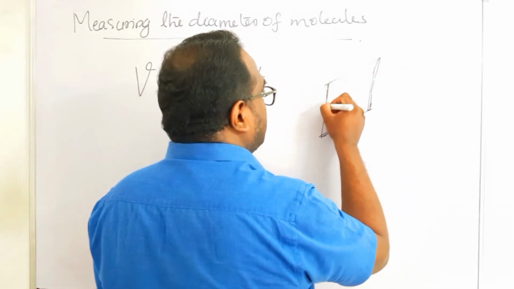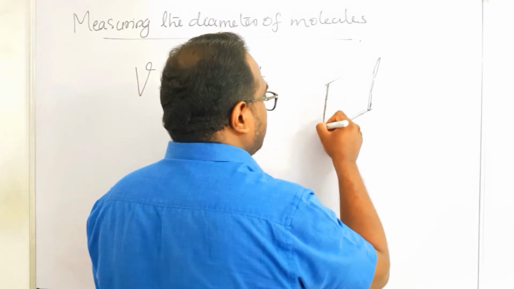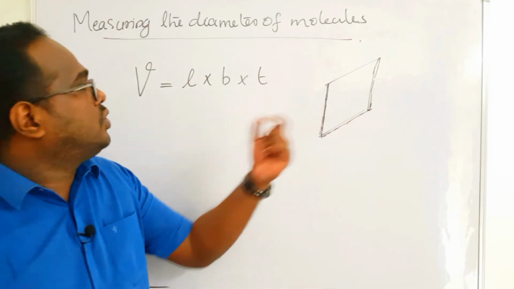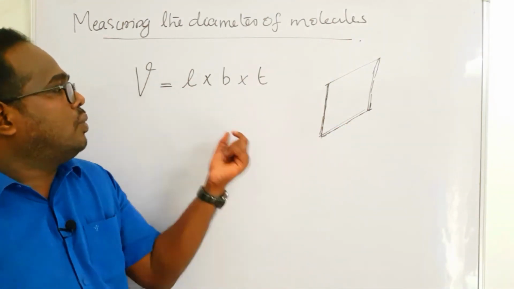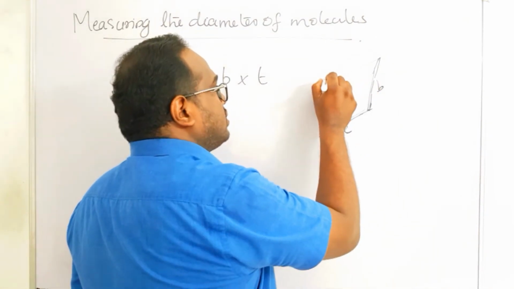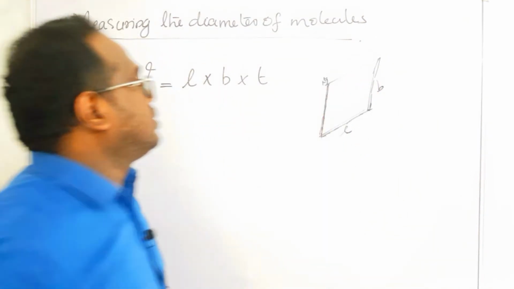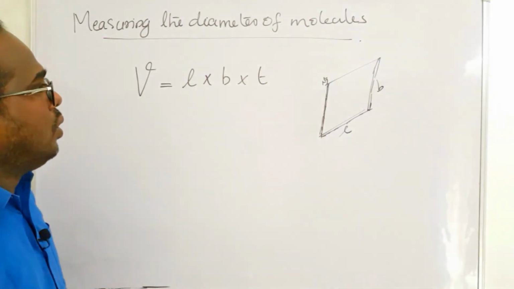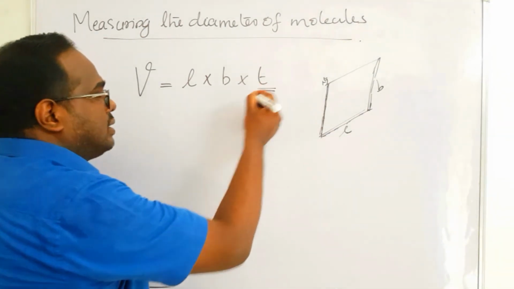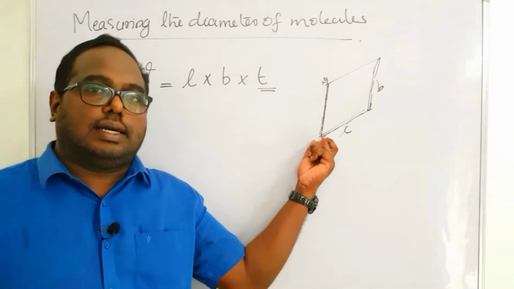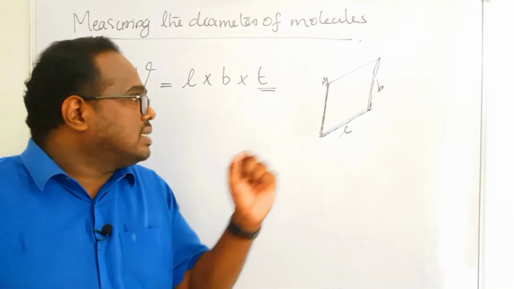Thickness of the sheet is very thin, okay? The volume of this sheet of material will be equal to length into breadth into, this is the thickness. Very small thickness. So by any means, this is our logic, we have used indirect to find out the indirect measurement of molecule. Okay, this is the logic.